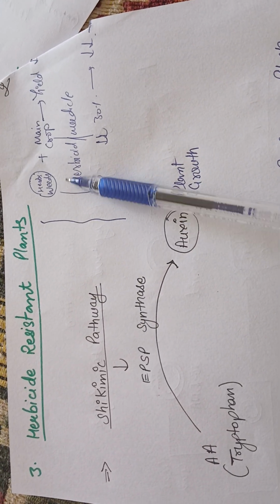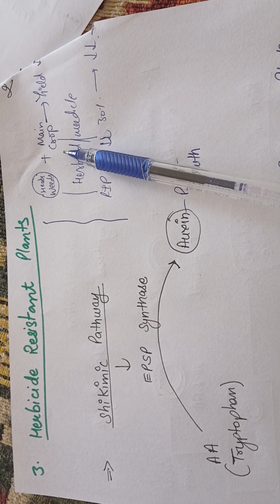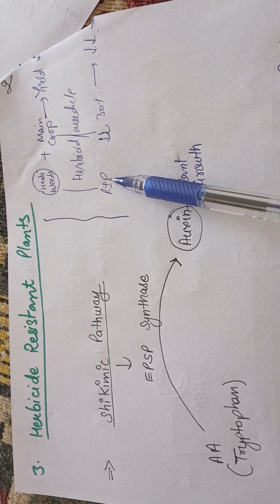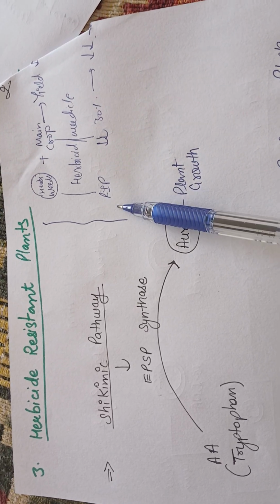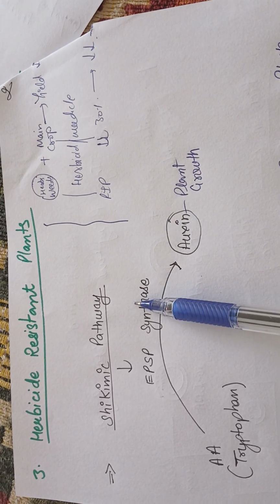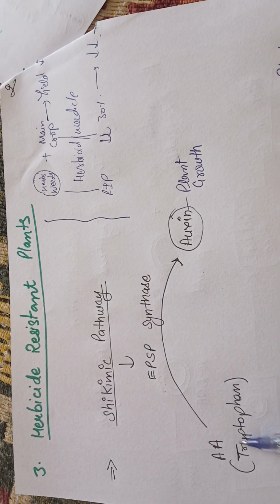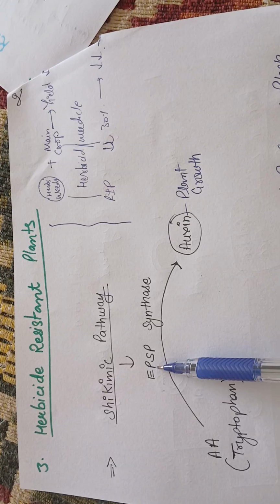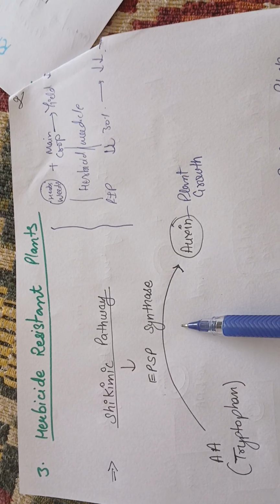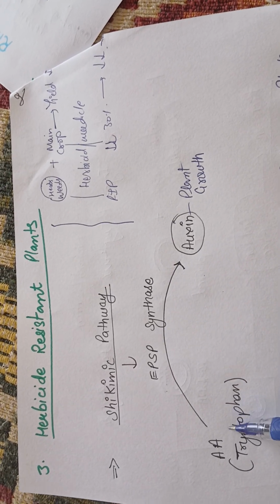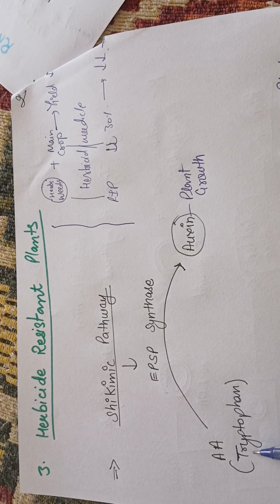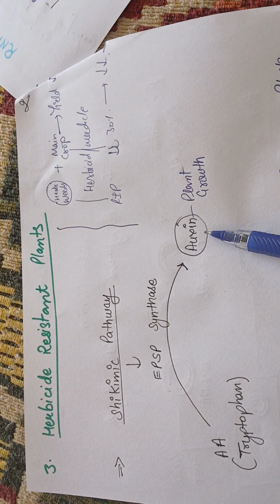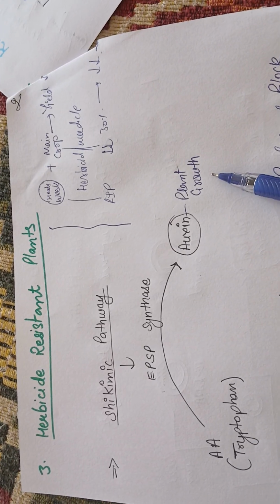We have the main crop, and along with the main crop we also have weeds. We want to stop those weeds from growing, so we use the herbicide resistant plant method. In those plants we have a cyclic pathway, and in it there is production of EPSP synthase. We take the amino acid tryptophan, and with the help of EPSP synthase we try to produce auxin, which is responsible for plant growth.